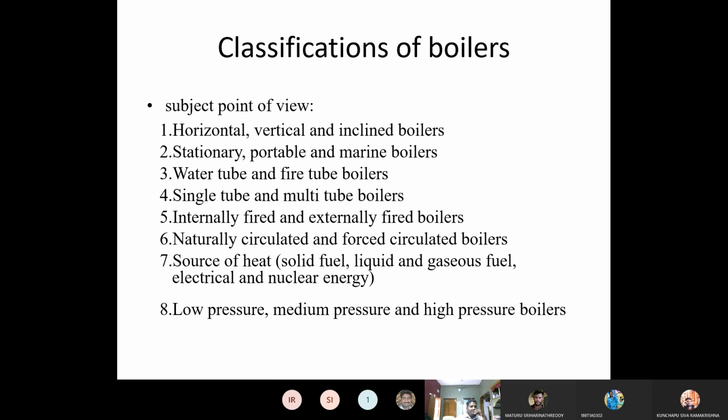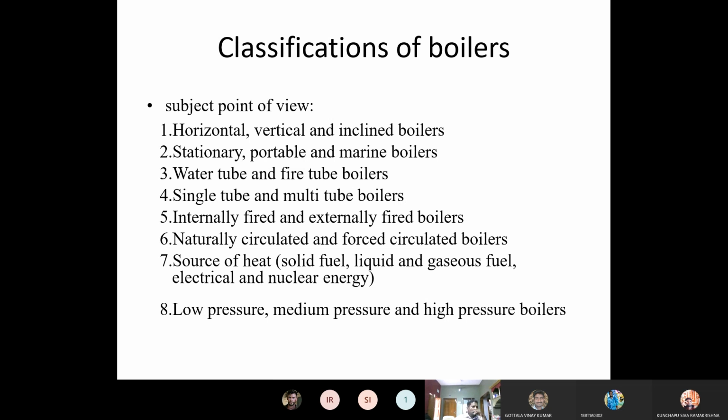According to the number of tubes, single tube and multi tube boilers. According to the place where the hot gases are fired, internally fired and externally fired boilers.